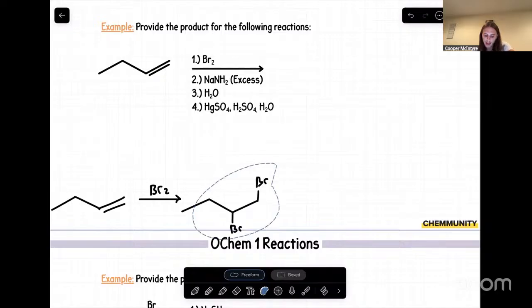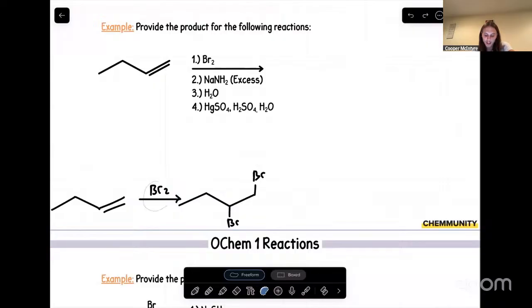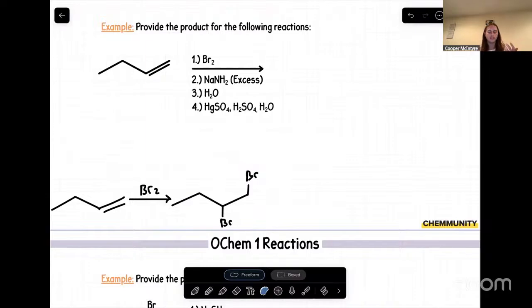Perfect. And a good thing to note, maybe when you're talking about the stereochemistry of them a little later on, is that this is an anti-addition reaction, meaning they'll be facing opposite directions. I know that this is not a chiral center, but I showcased that they're on opposite sides, just so you have that fresh in your memory.